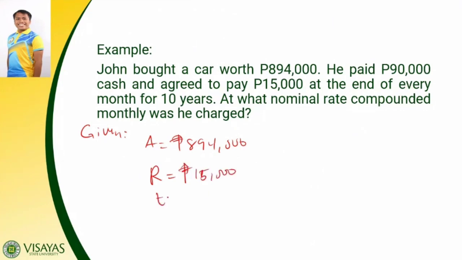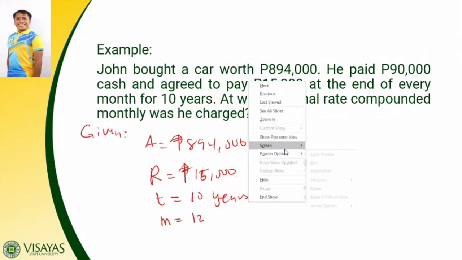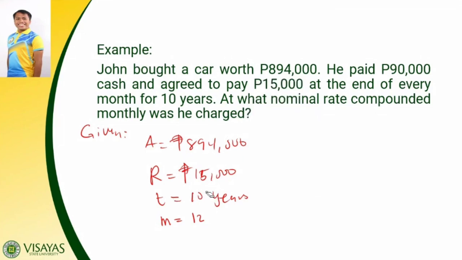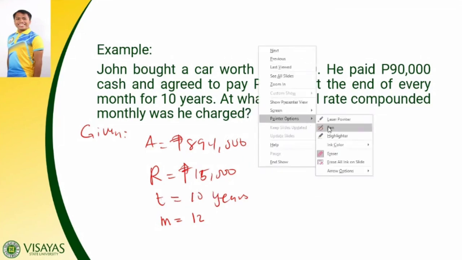And time, or the terms in years, that's 10 years. And your M, or the period, that's your 12. Edit so na lang nato nga N. Di ba? Sige, ayun na lang. Kaya basi magamit nato later.